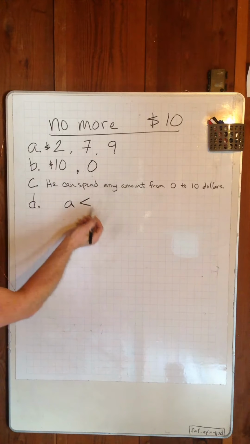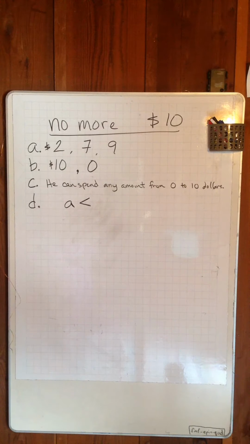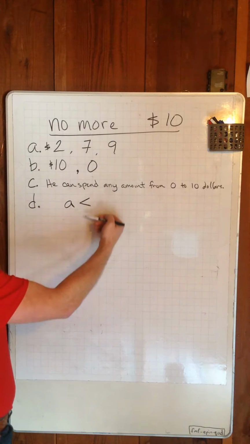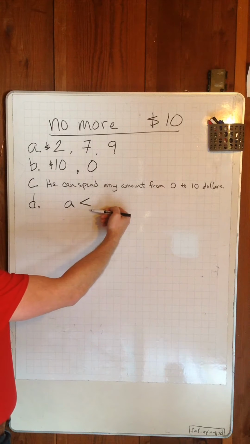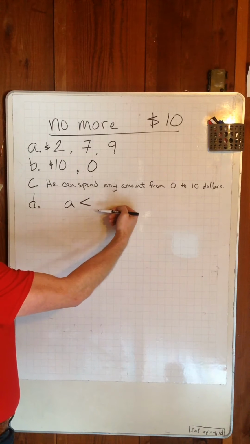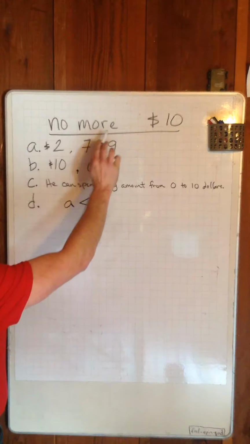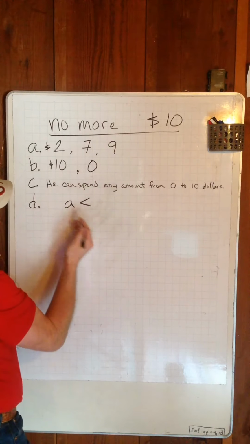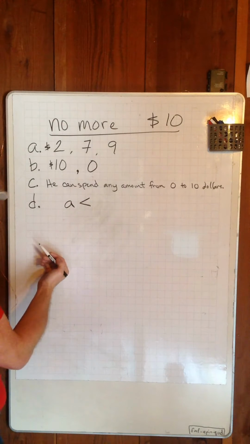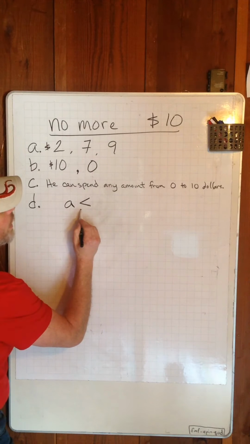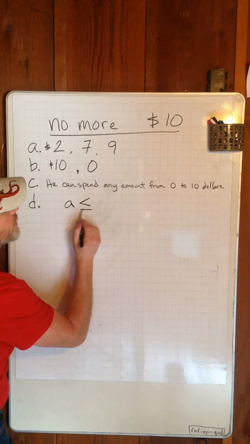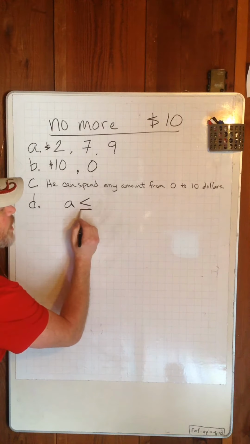But if it was just this, then this would mean not as much as 10. Not quite up to 10. This is telling us no more than 10, so 10 is included in this amount for A. And so to show that, I'm going to show this right here. It's like half of an equal sign.